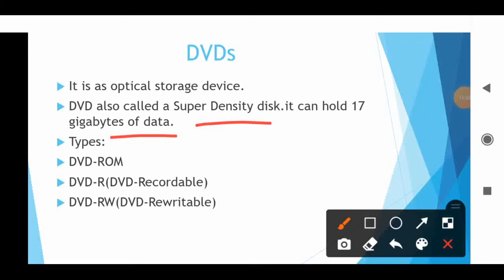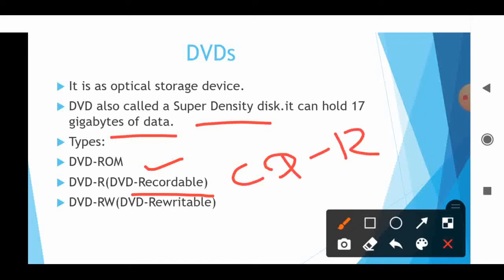The types of DVDs: DVD-ROM, where the content is recorded initially, you cannot write, it allows reading only. DVD-R, recordable, allows the user to write on the disk only once, but it can be read many times, similar to CD-R.